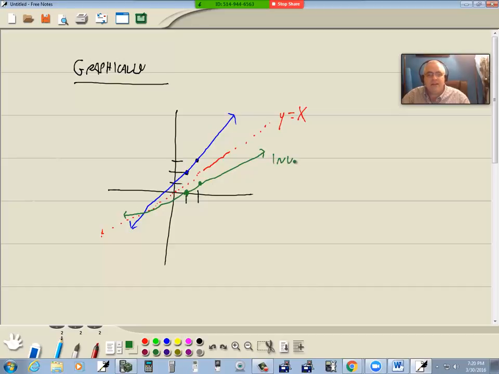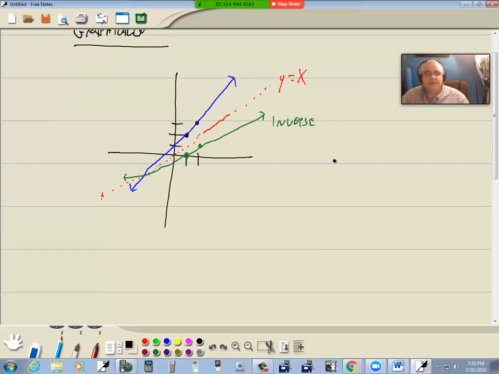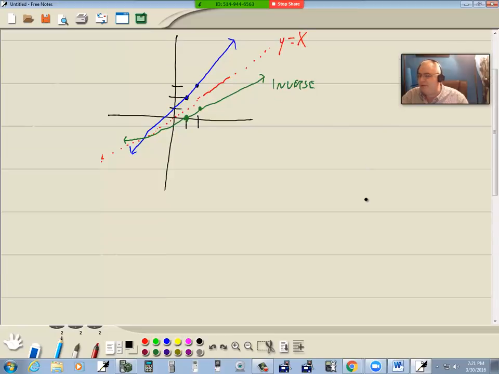So the green is going to be our inverse. So that's what it means to graphically be inverses. Now, some of these are asking us to determine if it's one-to-one. So let's talk a little bit about that.